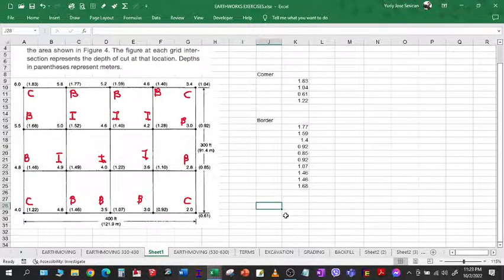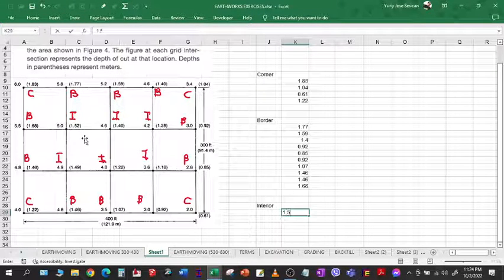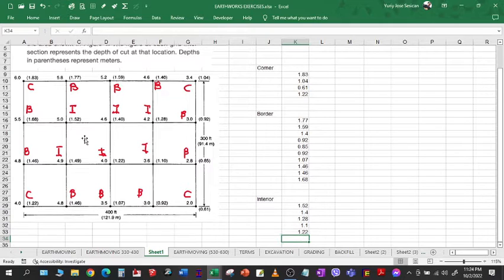Then we will have our interior points. Let's start here and go counterclockwise. We have 1.52, 1.40, then 1.28, then 1.1, then 1.22, and lastly 1.49.